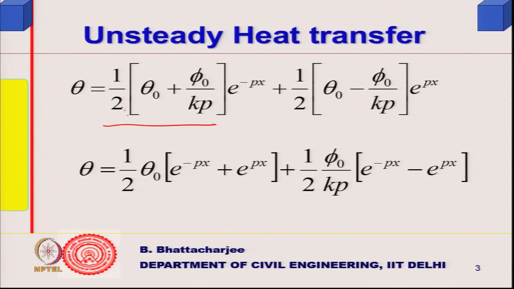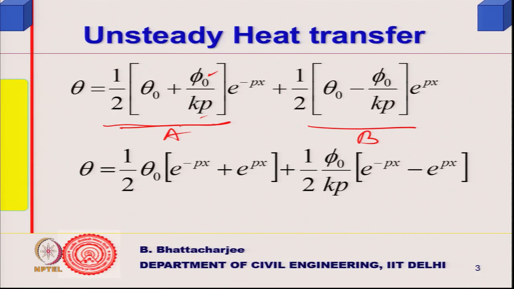Put A here, half theta 0, phi 0 by Kp, plus half theta 0 minus phi 0 by Kp, e to the power minus Px here, e to the power plus Px here. This is B, this is A. I have just put them here.